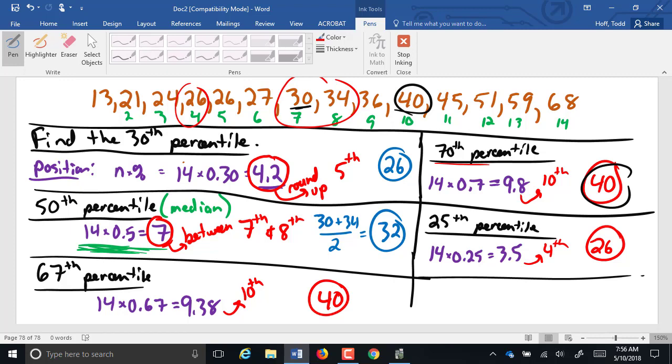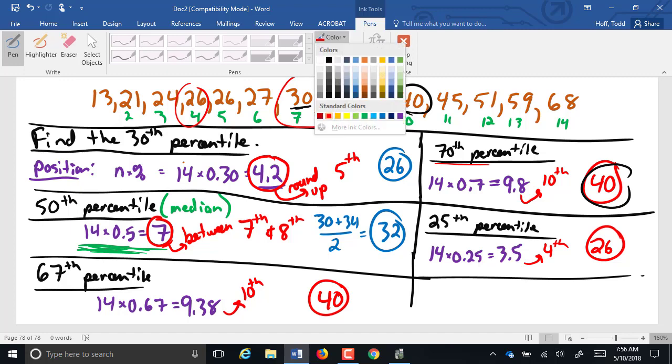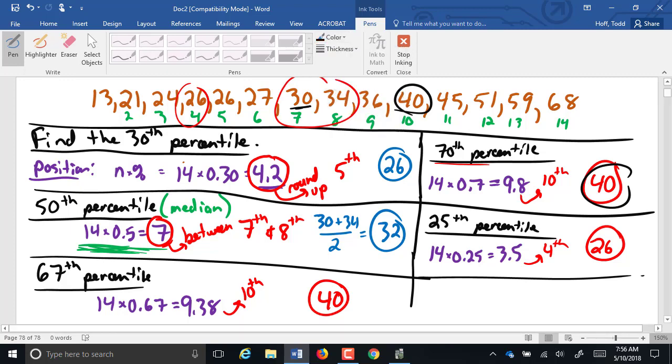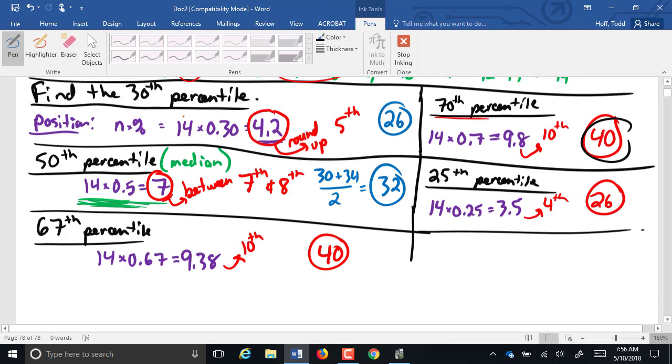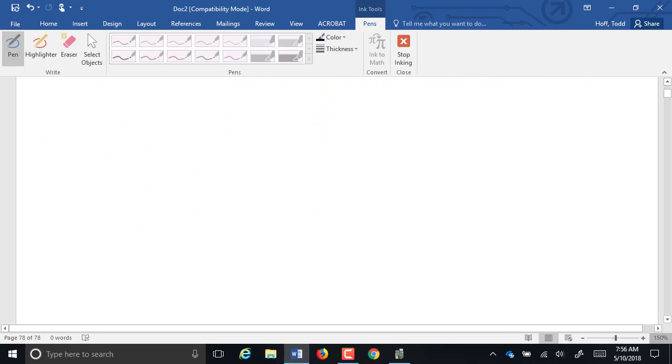Why? Well, because there's only 14 numbers in this list. If you have 100 numbers, then each number is a single percentile, right? What if I go the other way? I want to know what percentile a number is. I'm going to give you a list of numbers again.